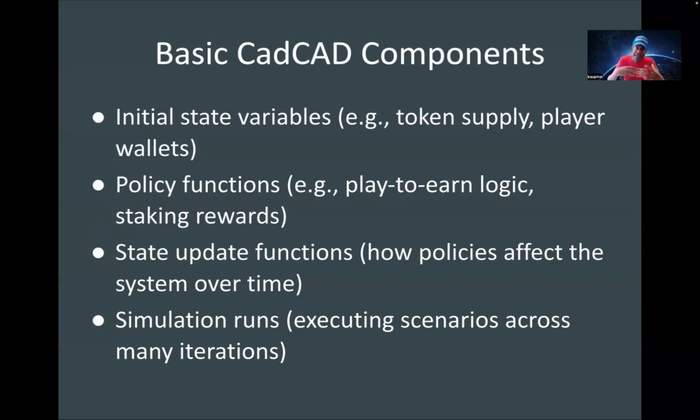So we have these state updates for the player progression, the different levels, the different items that they are collecting throughout the game. And over time, how do these policies affect the game and the longevity of it?